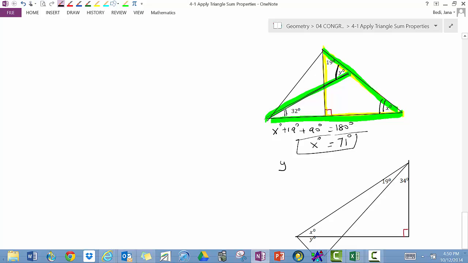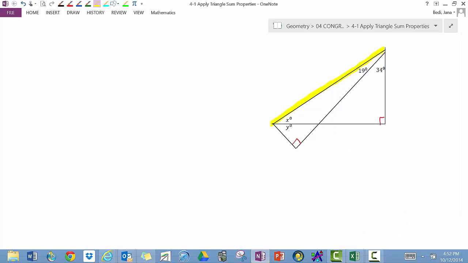So y degrees is equal to 32 degrees plus x degrees. Well, we know x is 71, so y degrees is equal to 32 degrees plus 71 degrees, and y degrees is equal to 103 degrees. Let me see, I need to find x, so x is in this triangle here.